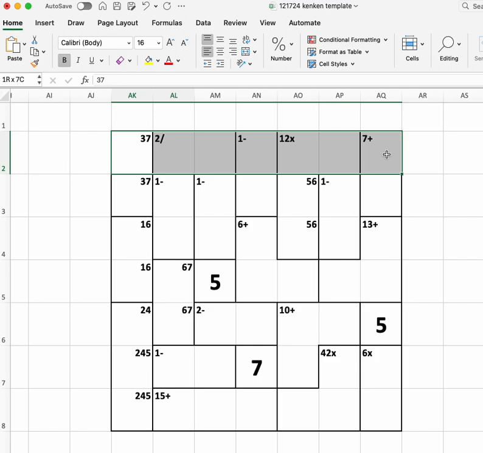Everybody see that? I know it might be a little harder to follow along, but the 5 can't go here because of this 5. 5 can't go into 12. 5 could go here, but 5 is not divisible by 2. So this is our only 5. And we'll make that official.